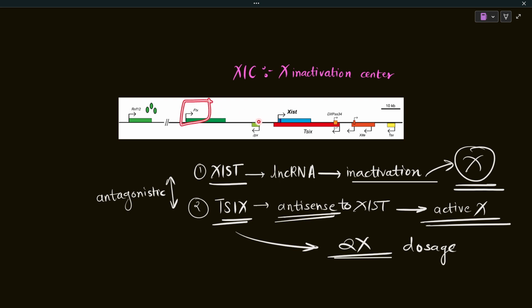FTX and JPX, both of them activate the Xist RNA, while DXPas34, Xite and TSX, all three of them, are going to activate Tsix RNA.